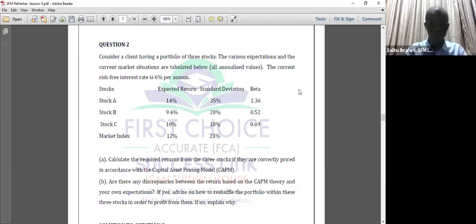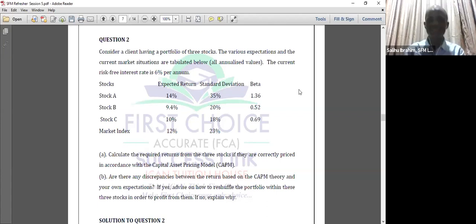Now, this question asks us to calculate the required return from the 3 stocks, if they are correctly priced in accordance with the capital asset pricing model. Even though the question did not tell you, to compute required return, you make use of the CAPM formula.